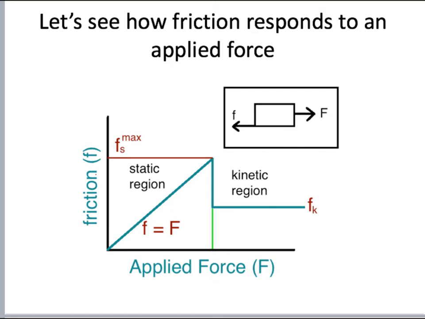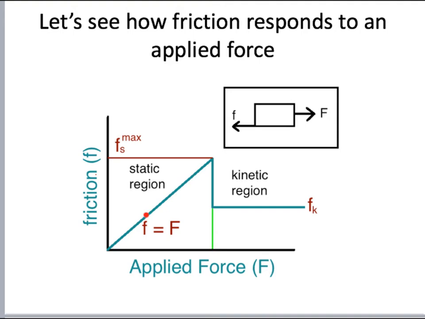Now, as I increase the applied force, the amount of friction force increases as well, because as I'm increasing this, the block is not yet moving. I haven't produced enough force to overcome friction, so I'm slowly pulling with more and more force. The friction has to get stronger and stronger, because if this guy doesn't start accelerating yet, I know that this force and that force have to equal each other. And so that's what you can see.